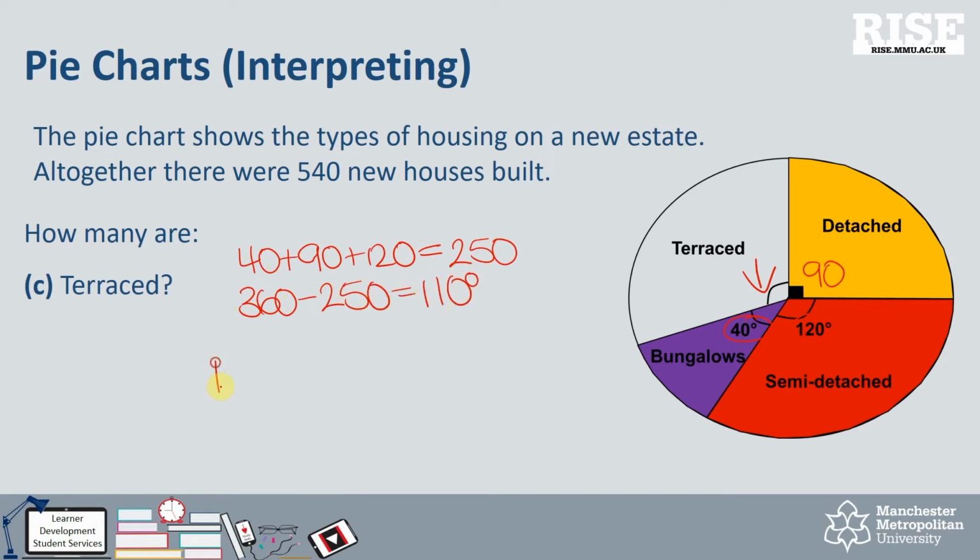So the terraced houses is 110 degrees out of 360 degrees times by the 540 houses in the entire pie chart, which means that there were 165 terraced houses built.